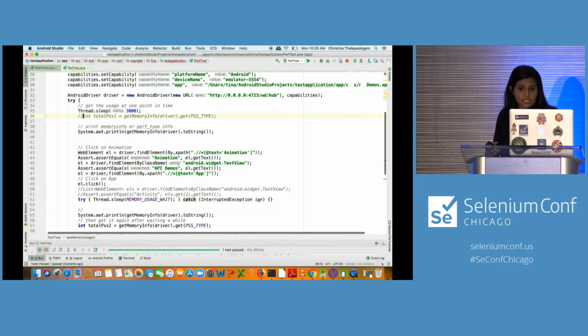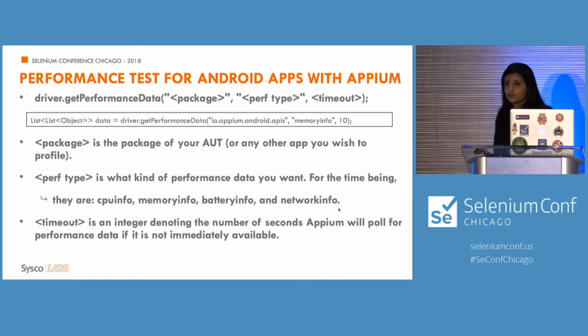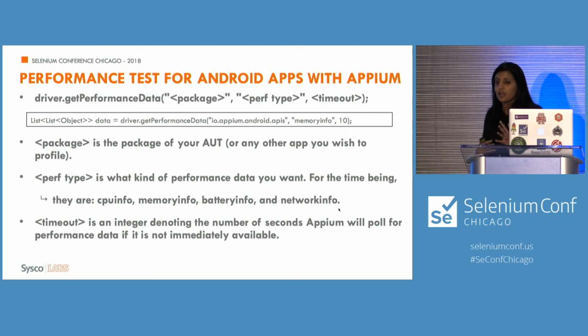So that's basically the idea of what we've been doing with Android and Appium so that we'll be able to get performance data of our mobile app in the particular device, right?